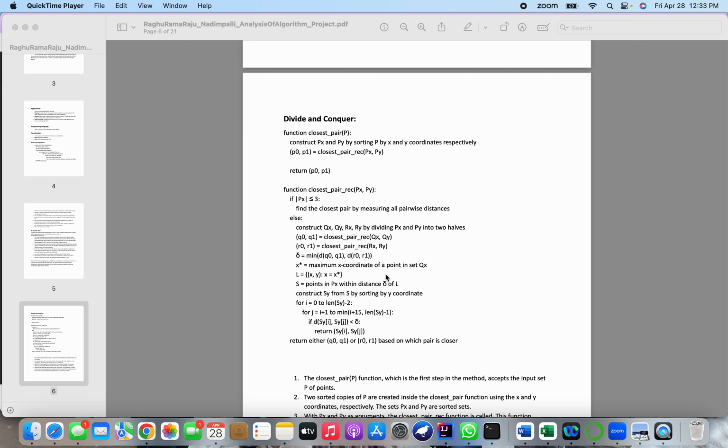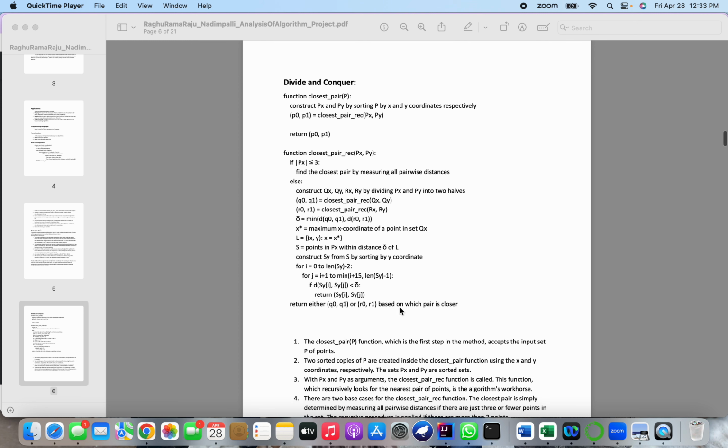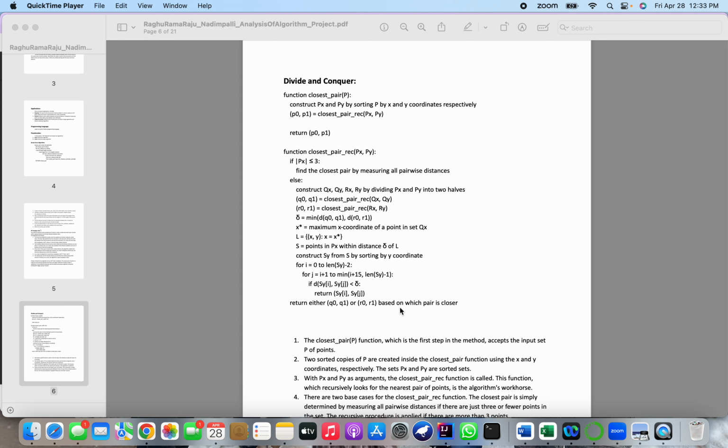After finding the smallest distance of both halves, we take the minimum of those two and call it delta. After that, we find all points in the set that are within delta of the median line, and we sort these points according to their y coordinate.